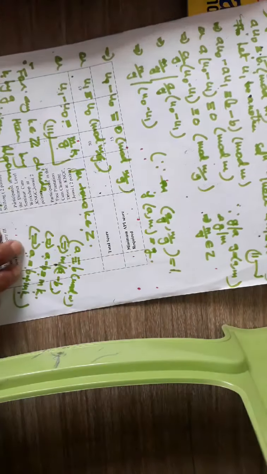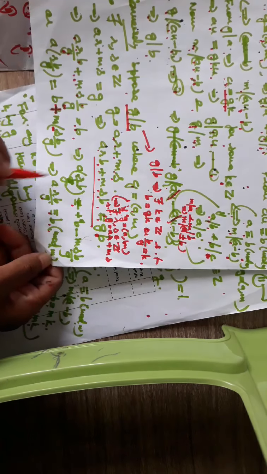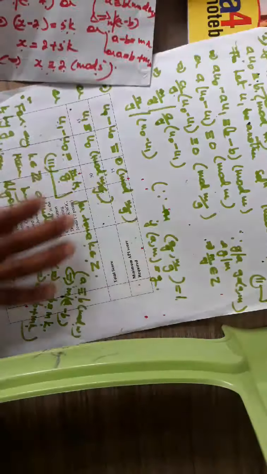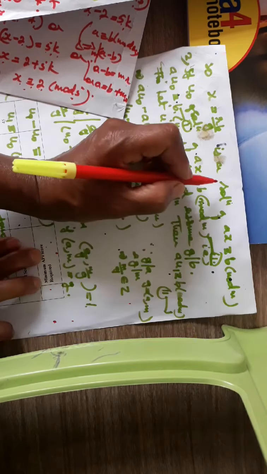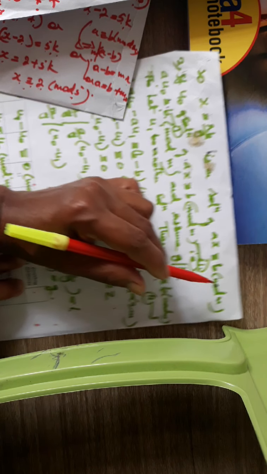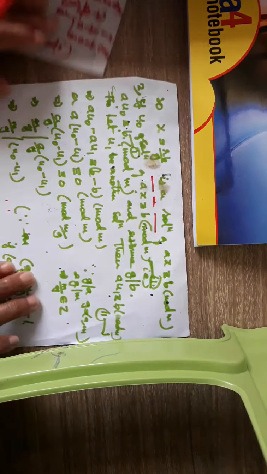So you just replace X here by RB upon G. It implies that the linear congruence AX is congruent to B mod M, or we can say that if G divides B, then X equal to RB by G will be a solution of the linear congruence AX congruent to B mod M. So this completes the proof of the first part of the theorem.